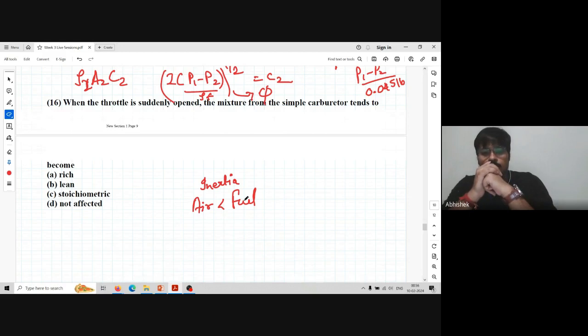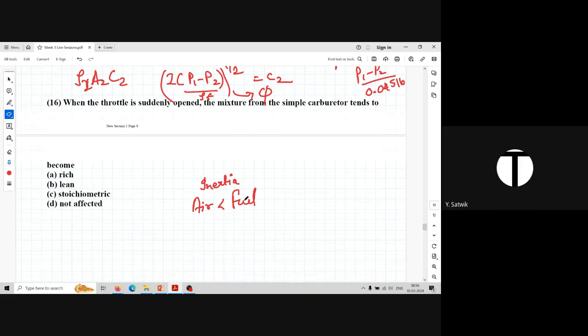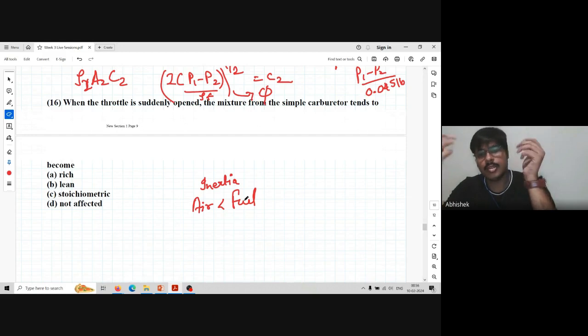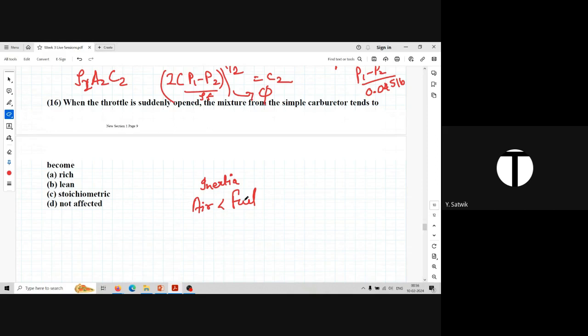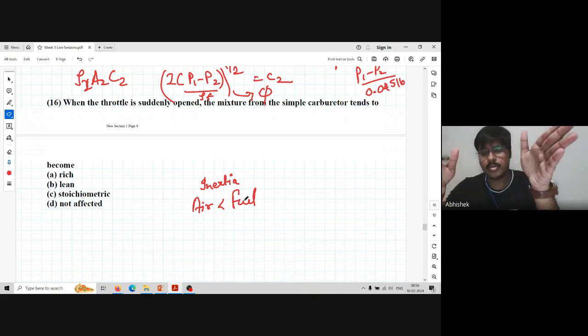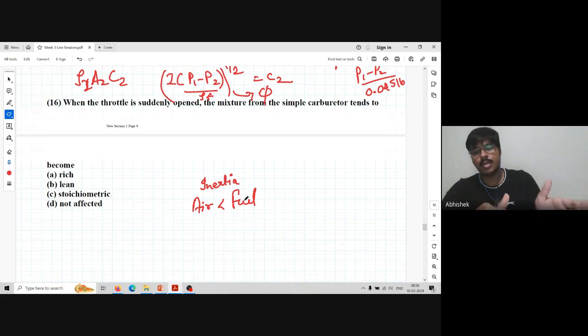Do you know what inertia is? It is the resistance of a body to change its state of motion. For example, there is a heavier body whose mass is more and a lighter body whose mass is less.